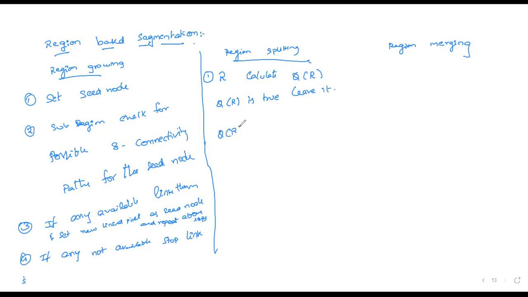If Q of R is false, split the region into 4 quadrants.